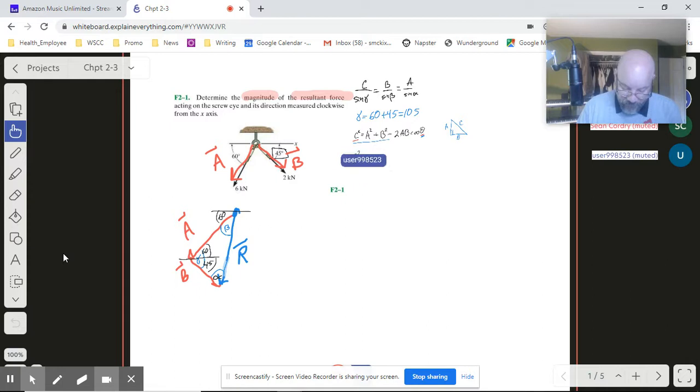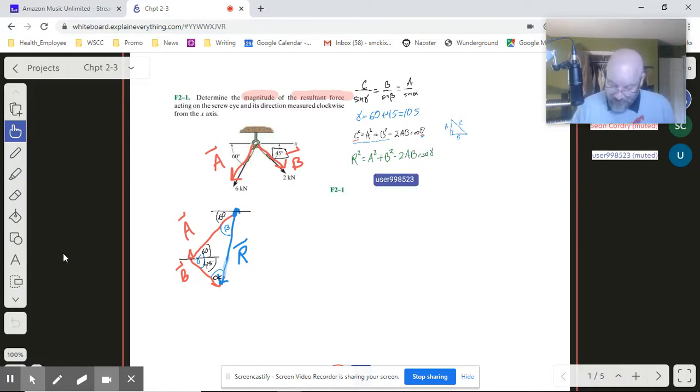R squared is equal to a squared plus b squared minus 2ab cosine gamma, because what we're interested in is the length of r. The angle opposite of r is what we called gamma, even though I wrote down an alpha. There we go. That's better.